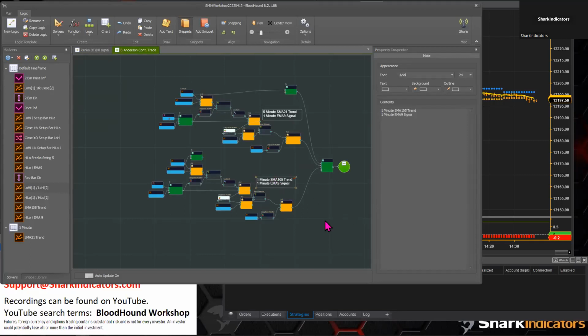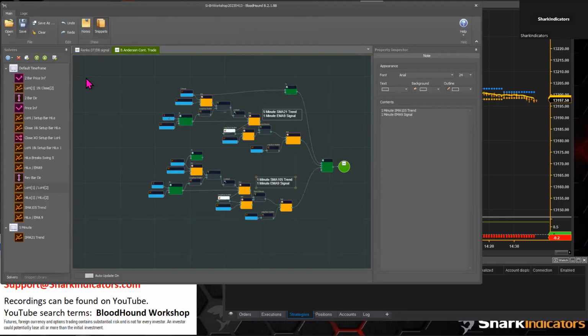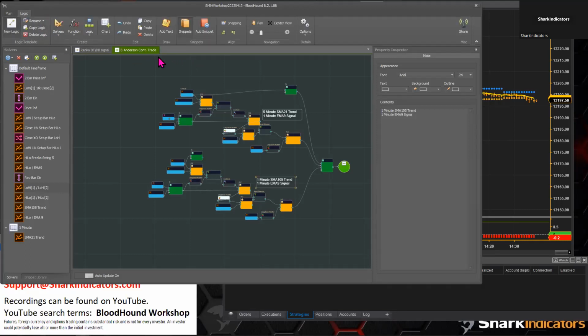Okay, now that I've got this squared away, let's save this real quick. And now we can make the exit signal for this system. Let's make a new logic template.